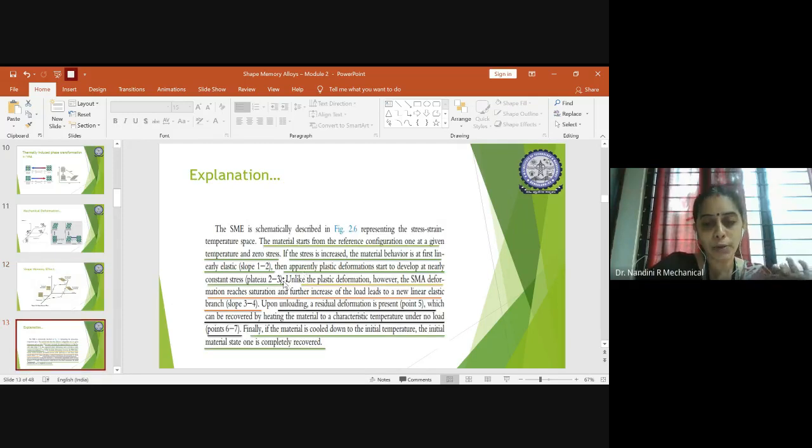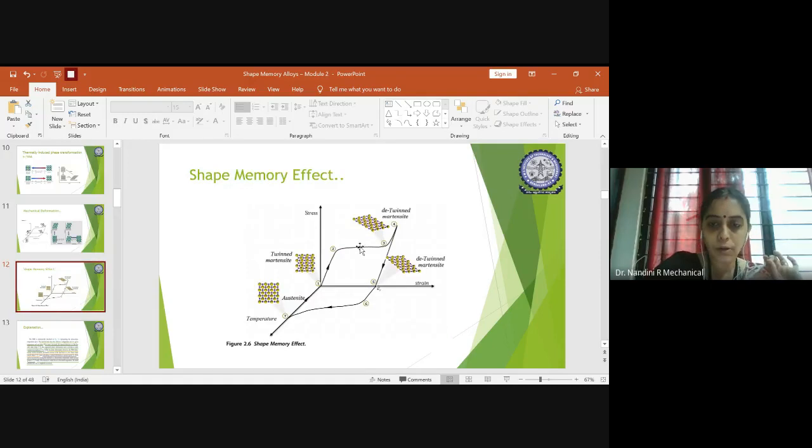Once 2 to 3 is over, you will next go for the slope 3 to 4. So what happens in 3 to 4? The SMA deformation reaches the saturation and further increase of load leads to a linear elastic branch. So now when it moves 3 to 4, it has reached the maximum stress value.